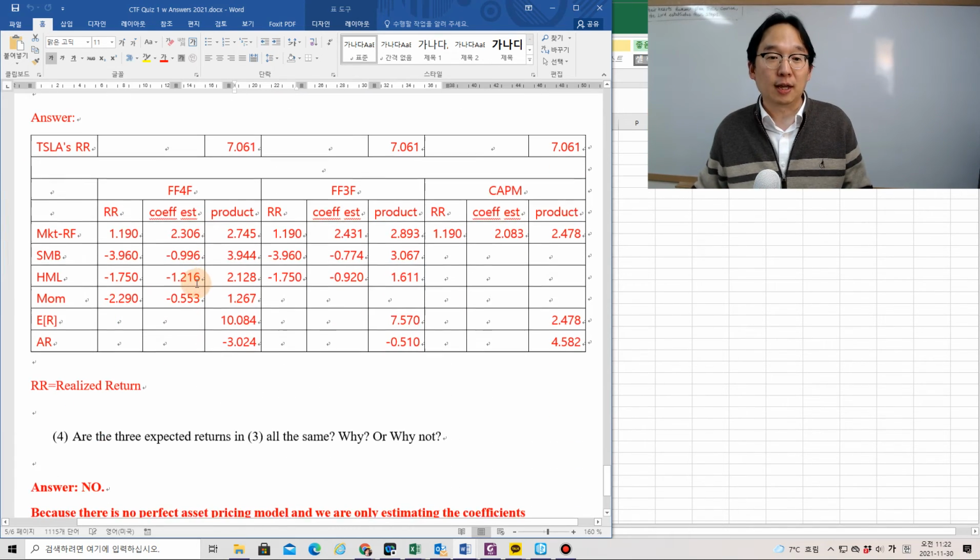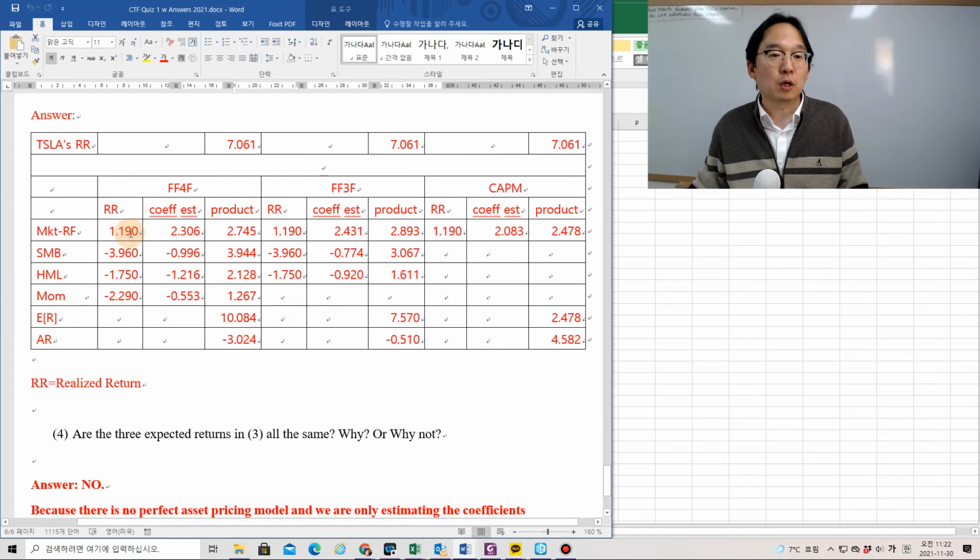Okay, so coefficient estimate, Fama-French 4-factor, and then realized return of these portfolios, right? Market in excess of risk-free, and size portfolio return, and then value portfolio returns, and momentum portfolio returns. You have those returns for August, if I remember correctly.